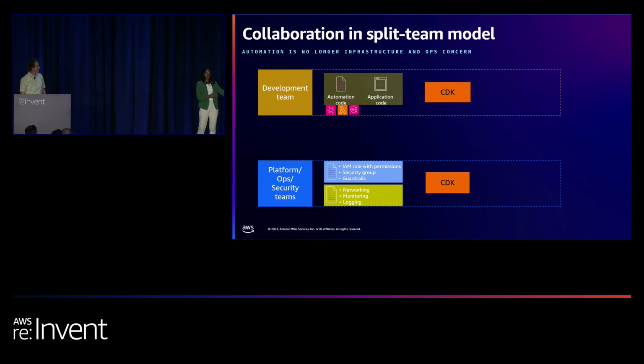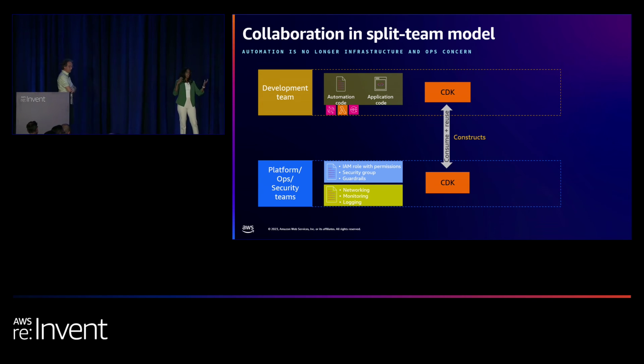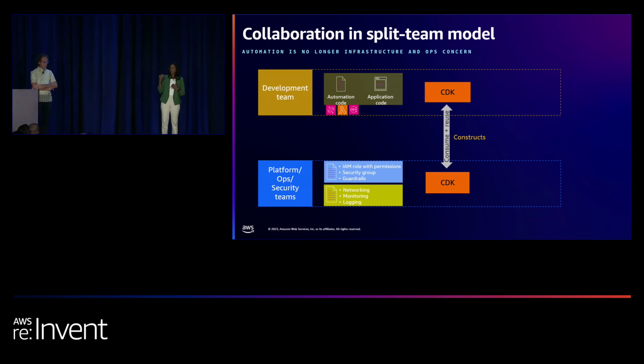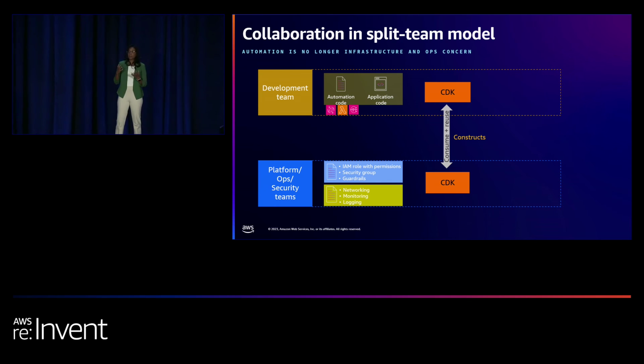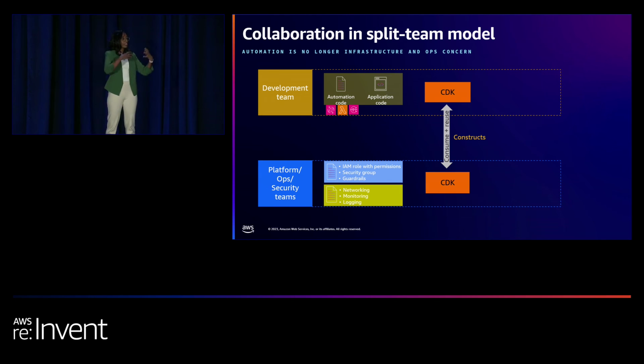So that was about how you can manage with the team structure. Let's talk about tooling now. In your organization, if everyone agrees to use the same infrastructure as code tool, for example, AWS CDK, then your teams can build higher level constructs and reuse them, just as they would do with code. For example, S3 buckets with encryption or databases with retention policies, and then they can share that with your development team.